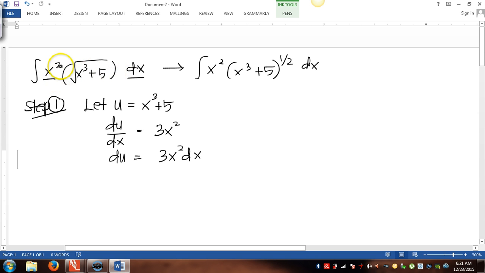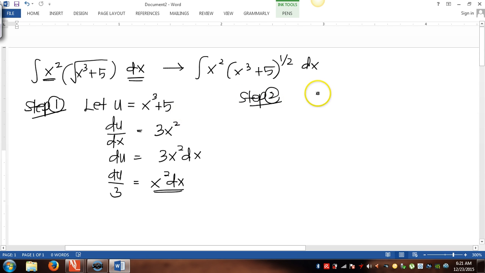We have x squared times dx. So we move 3 to the left hand side, so we get du over 3 equal to x squared dx. Now this item with this item is quite the same. This is step number 1. Leave it there. Okay, step number 2.